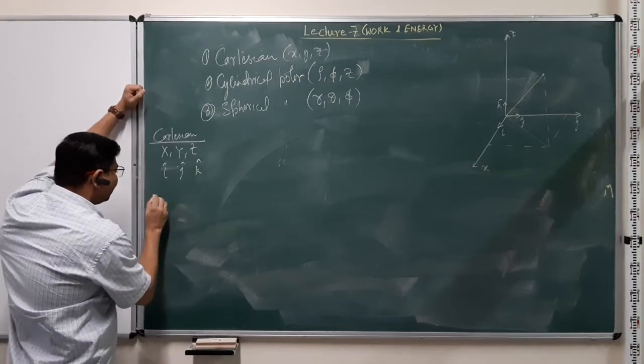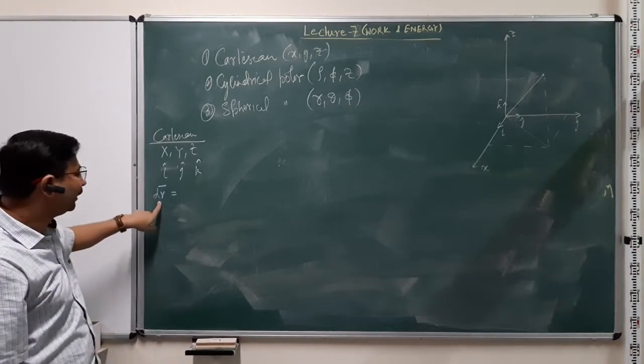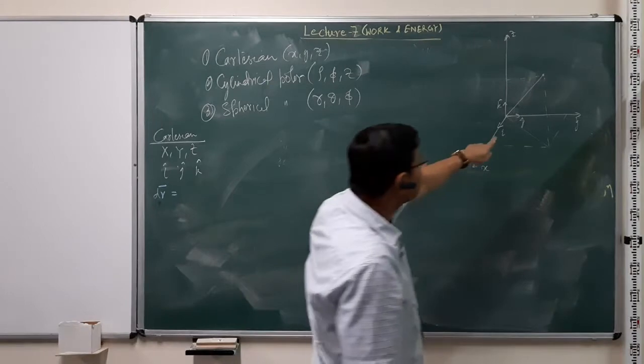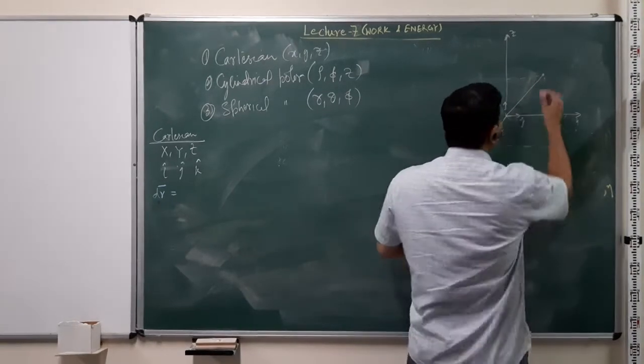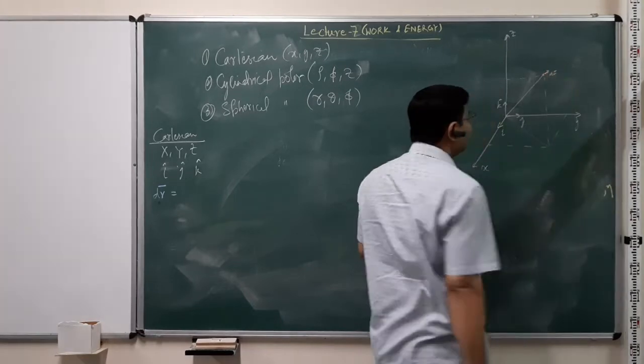Now, in the previous problem we saw that we have to do an integral where the dr is involved. So let's write down the infinitesimal displacement vector dr. How do we describe an infinitesimal displacement from this point?